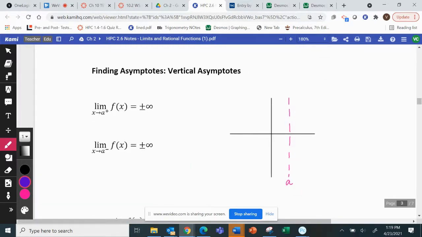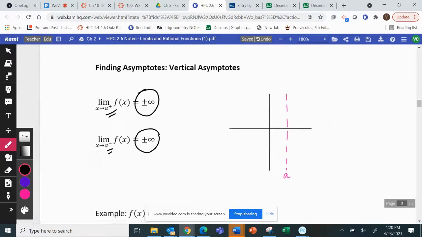My limit for vertical asymptotes will always be a plus or minus infinity from the right. It will also be a plus or minus infinity from the left. Now, I don't know which one it is. That just kind of depends on when we plug stuff in and find it. But if it's a vertical asymptote, you're always going to get a positive or a negative infinity as your limit. Okay?